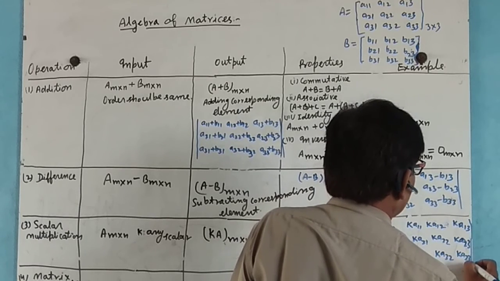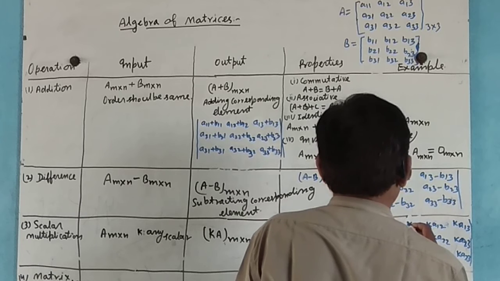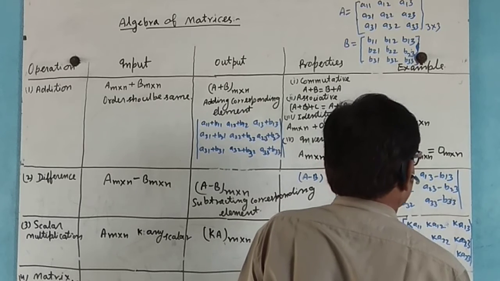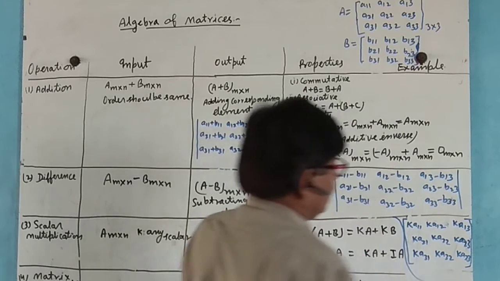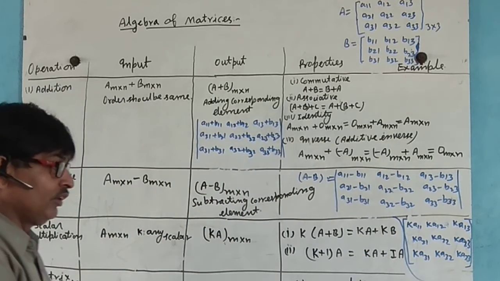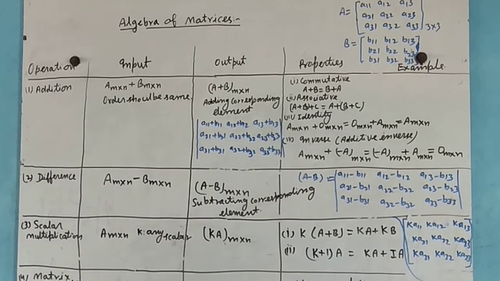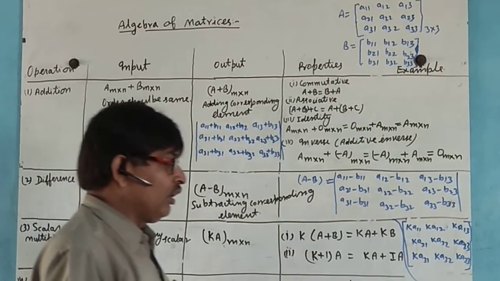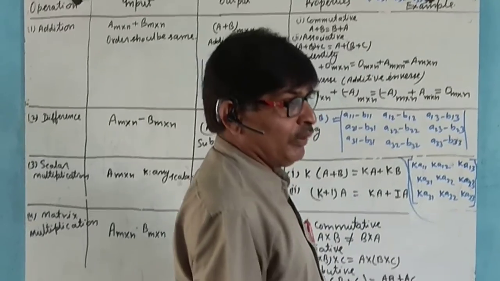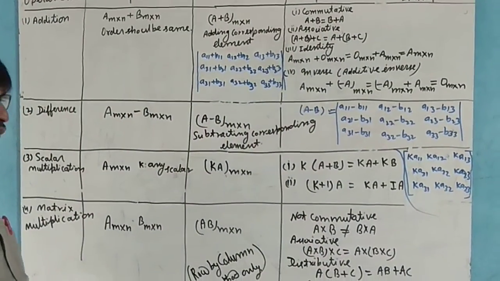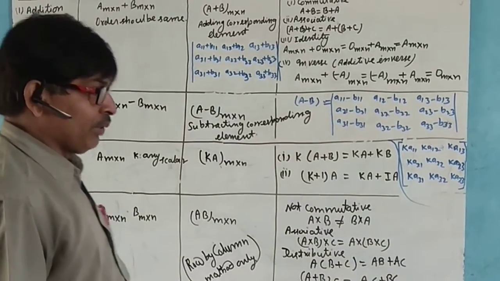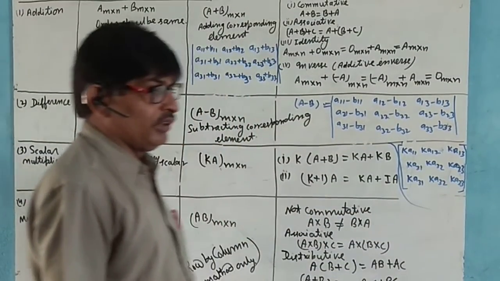Now here, in the case of a matrix, we multiply the scalar quantity to all the elements of the matrix, or we can take any scalar common from all the elements.